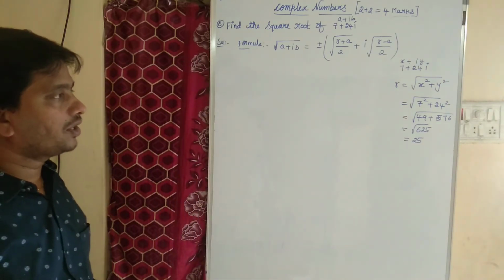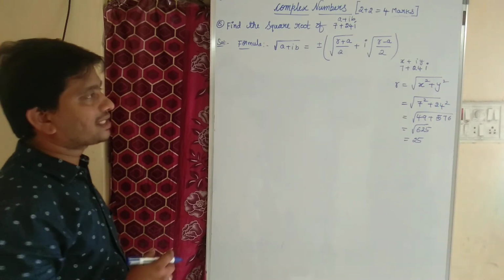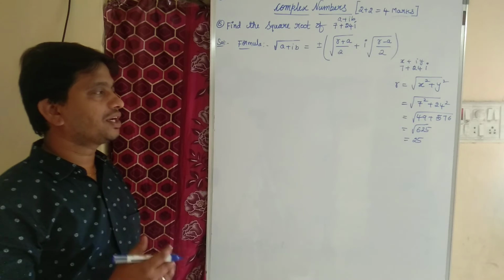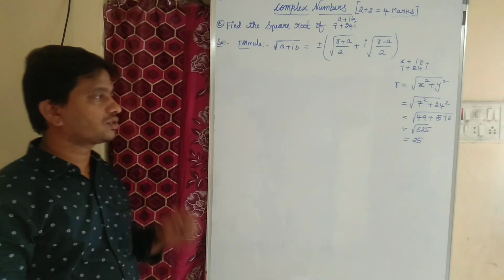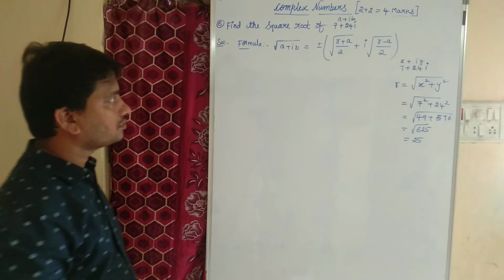Okay children, did you understand how to find the r value? r equal to root over x square plus y square, 7 square plus 24 square, 49 plus 576, which is equal to 625. Square root of 625 is 25. Right?